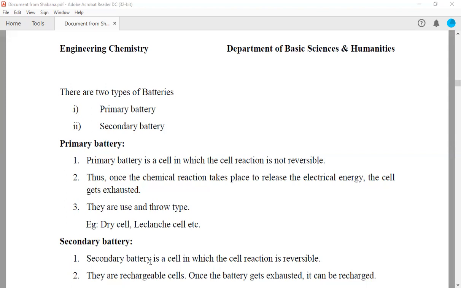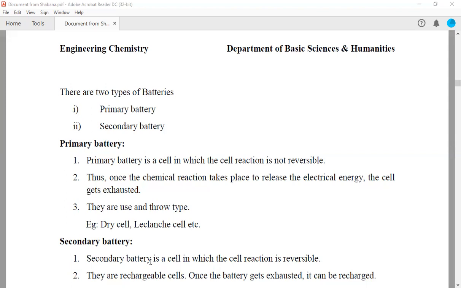Long shelf life is required. Tolerance to different service conditions, such as variation in temperature, vibration, shocks, etc. Reliability is also an important criterion for a battery.